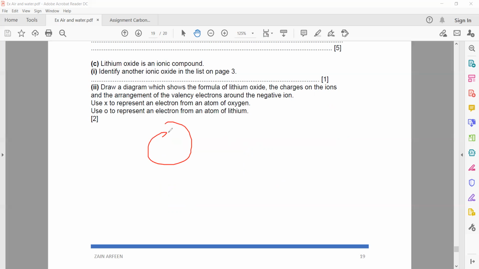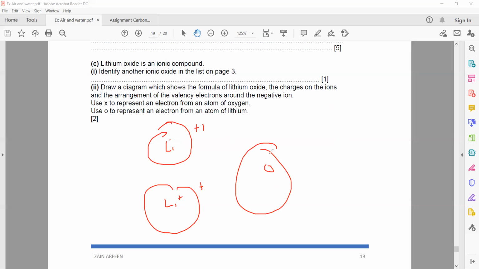Once the electron is transferred, lithium does not have any electron in the outermost shell, and oxygen took one electron from each lithium. These circles represent the lithium, and we use a cross for oxygen. So 6 electrons belong to oxygen, and it took 1 from each lithium, making 8, so it will be 2-. That's the structure of lithium oxide.